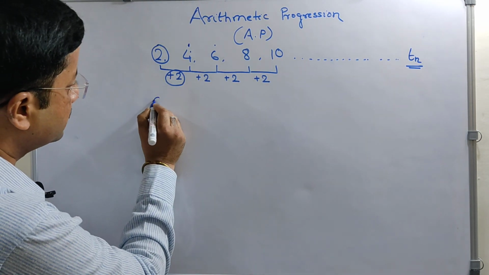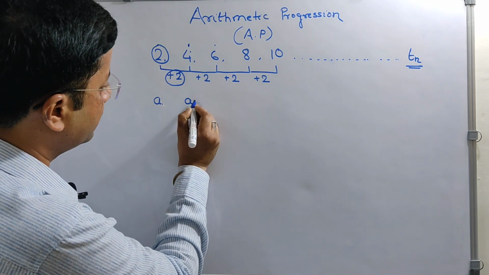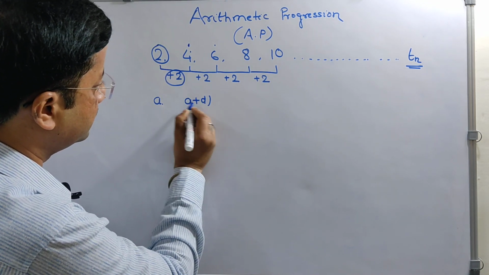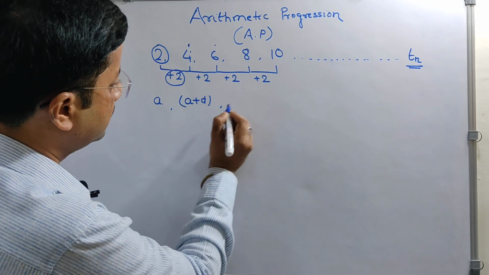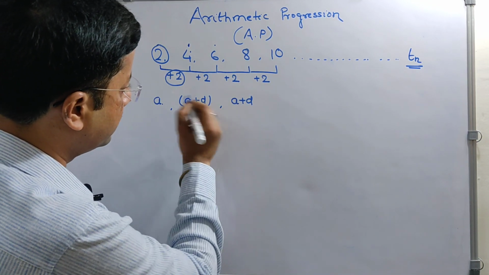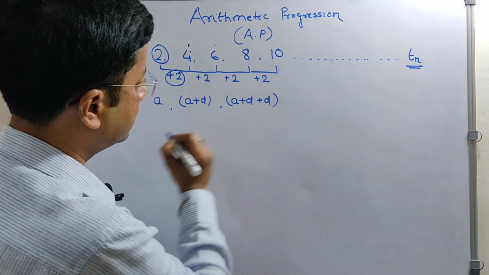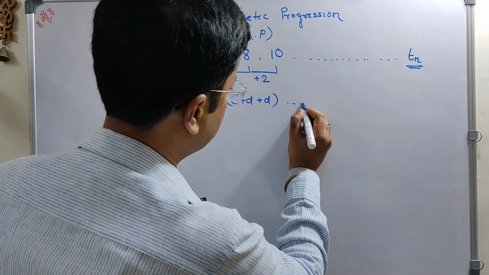Suppose we have the first term A, then the second term we obtain by adding the constant, that is A plus D. Then the third term, again adding the constant D, and so on.